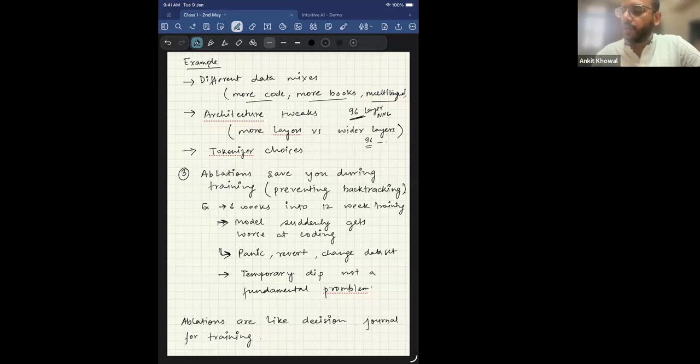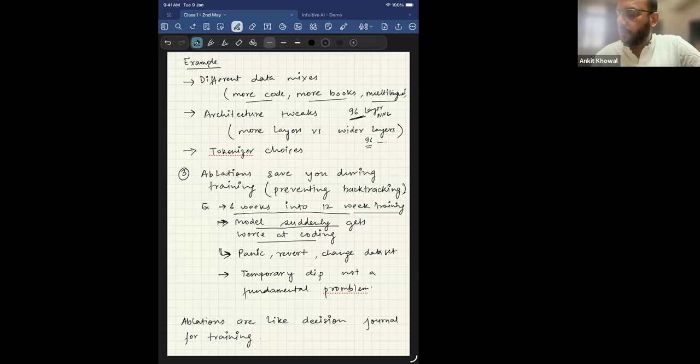If you just give it to the bigger model, after 3 months you have wasted millions, and now you come back and see, hey, the model was not behaving correctly, we have to correct this, right? That should not happen. Let me take an example. You are 6 weeks into a 12-week training, and the model suddenly gets worse at coding.